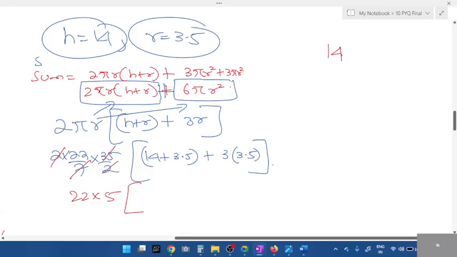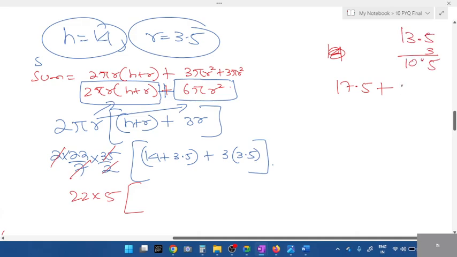How much is 14 plus 3.5? 17.5 plus. Multiply 3 into 3.5, students. 3 fives are 15, 3 threes are 9. What do you get? 10.5. Add these two.